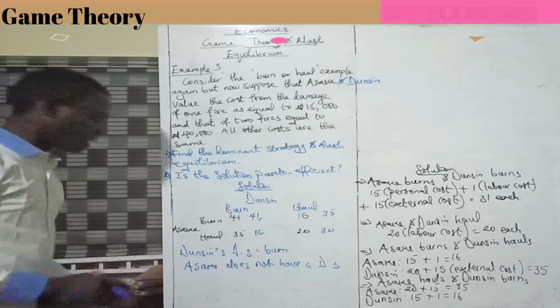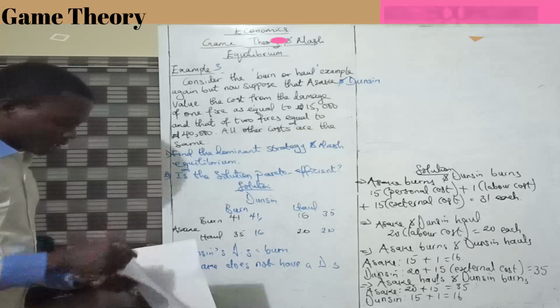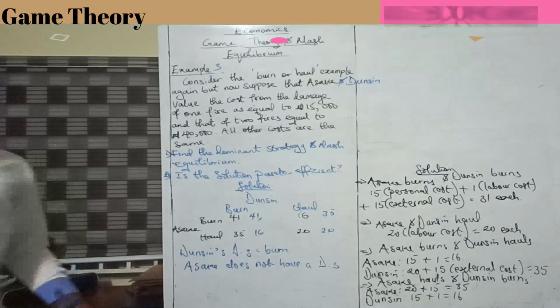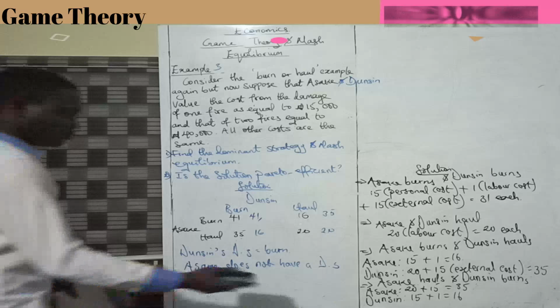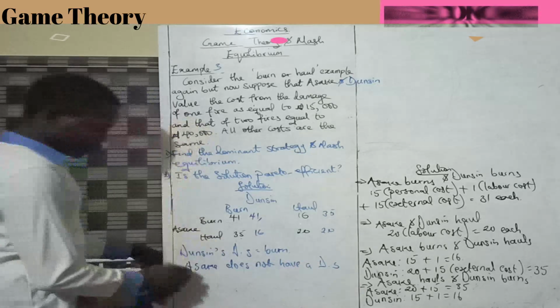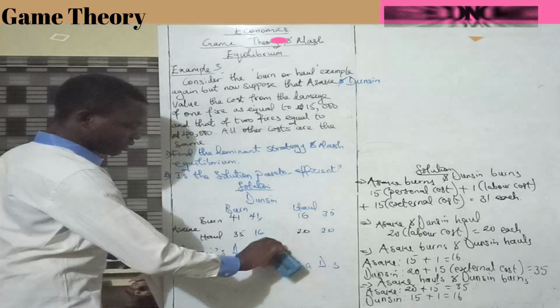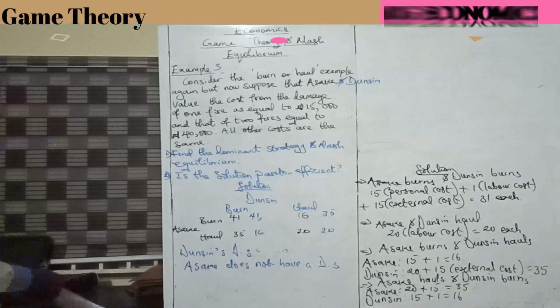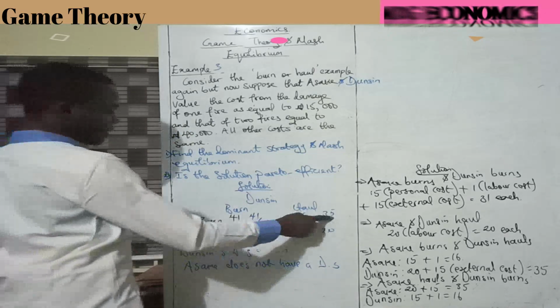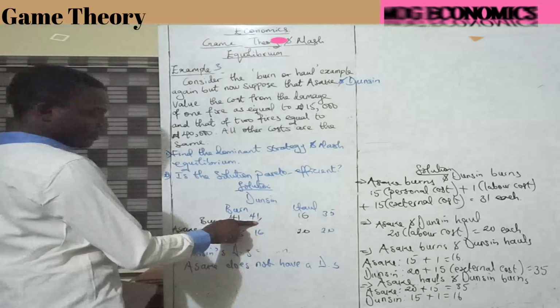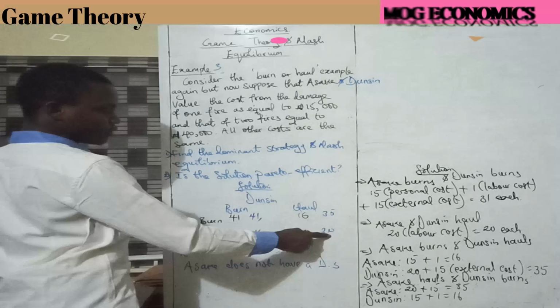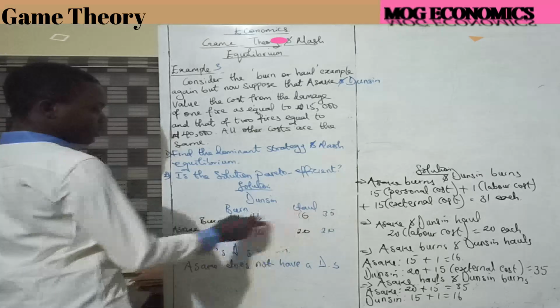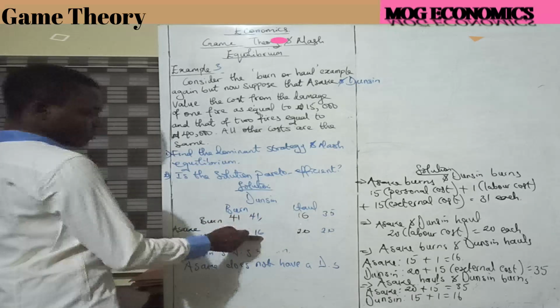So we do the whole thing over again. So Dunsin's dominant strategy is equal to what? We are comparing 41 against 35. 35 is better than 41. But if you look at this, 16 is better than 20. So here, hauling is better than burning, but here burning is better than hauling.